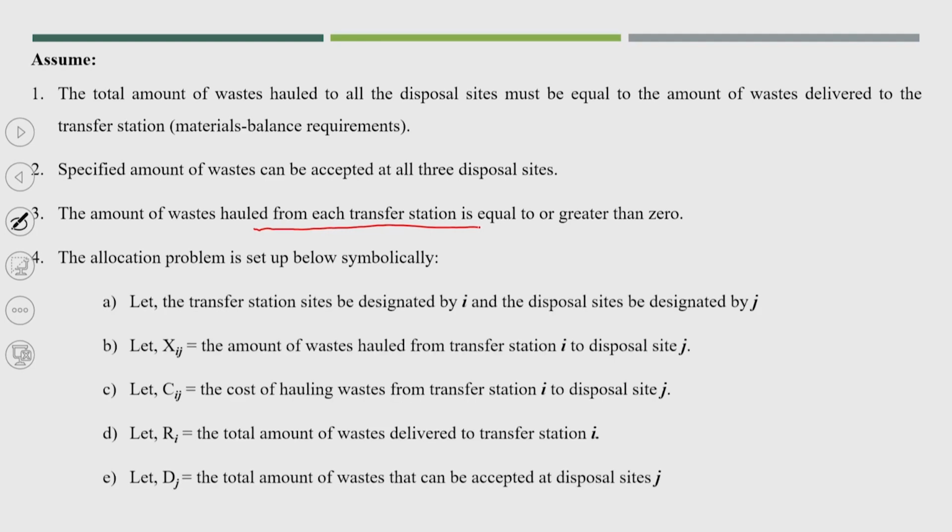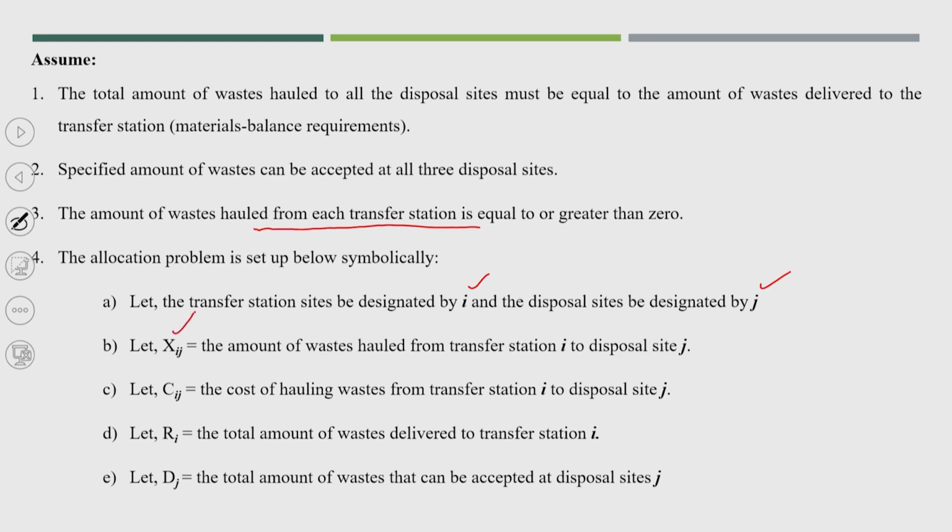Let the transfer stations be designated by i and the disposal sites by j. Here Xij is the amount of waste hauled from transfer station i to disposal site j.